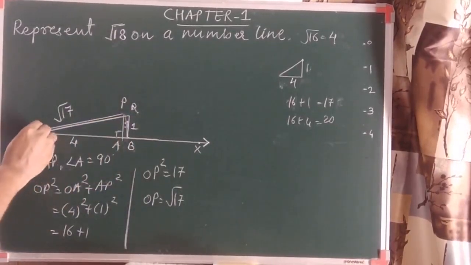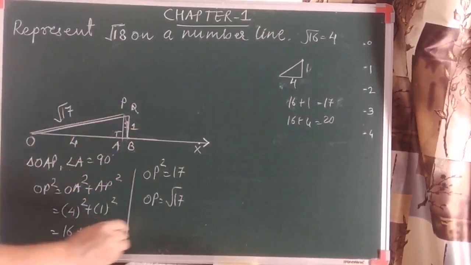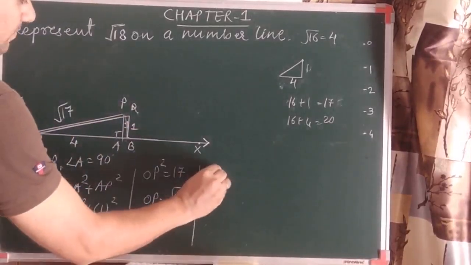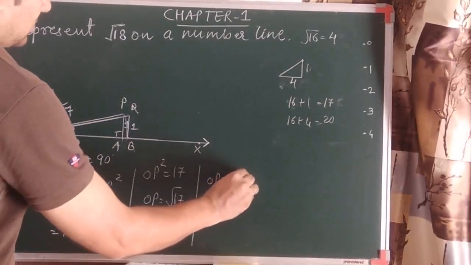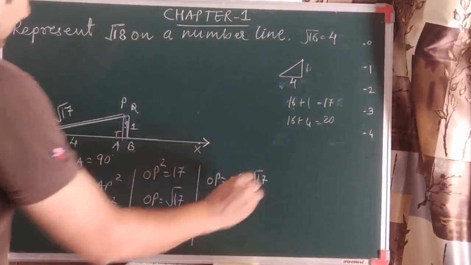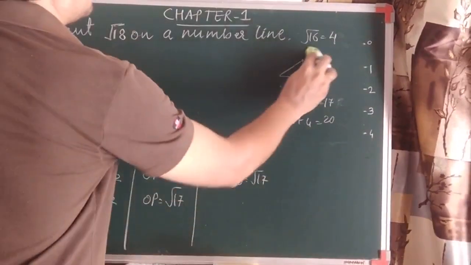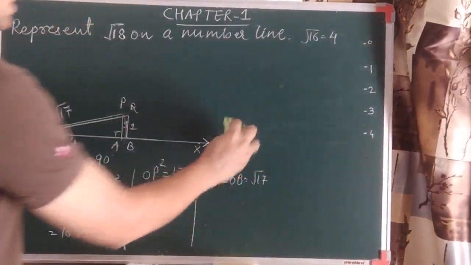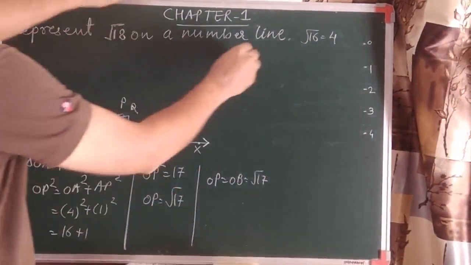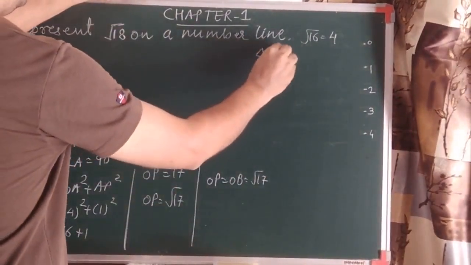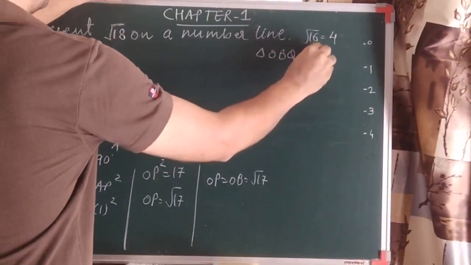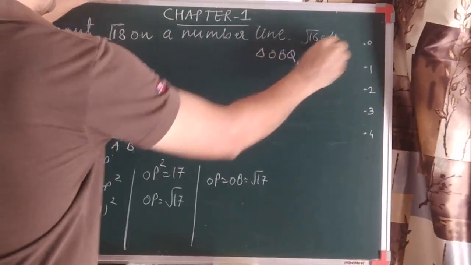As we discussed, OP and OB are the same, and that is equal to root 17. So B is a right angle for triangle OBQ. Again I go for the Pythagoras theorem.